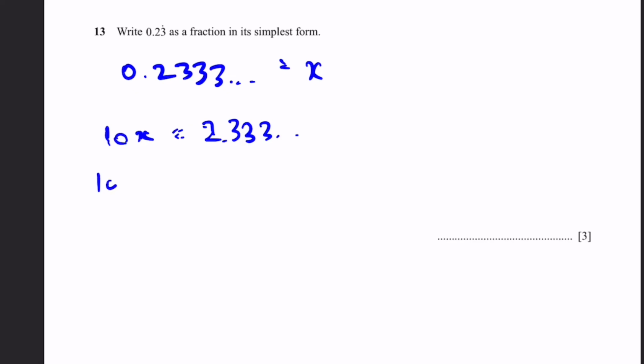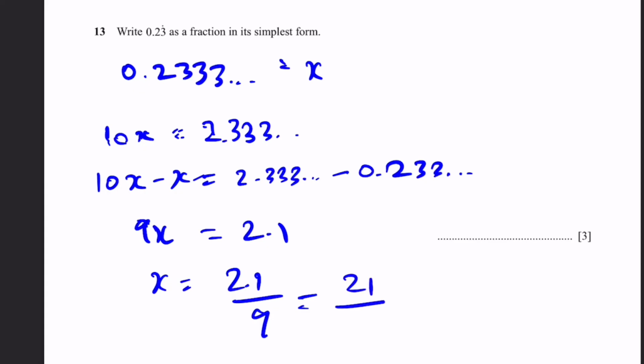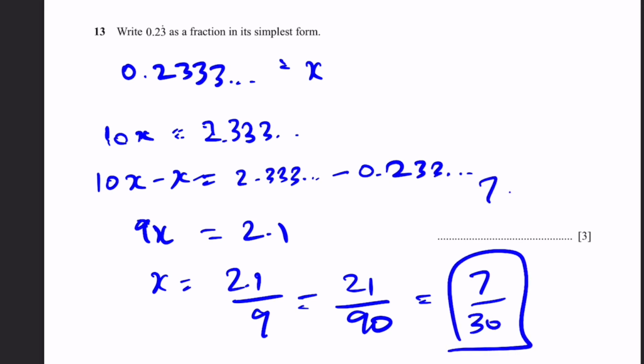Now that means 10x minus x is going to be 2.3333 minus 0.2333. And that's simply 2.1, which is 9x. So x is equal to 2.1 over 9, which is 21 over 90. And we can simplify this to 7 over 30. That's our answer.